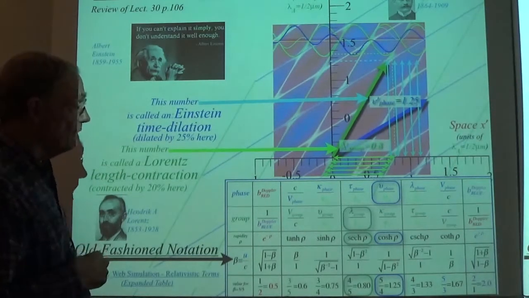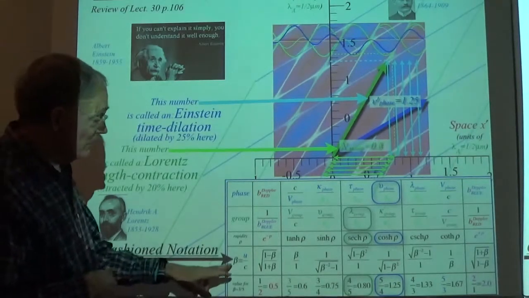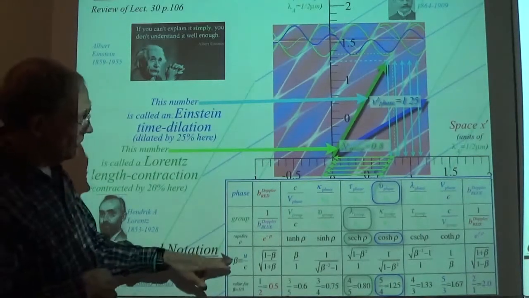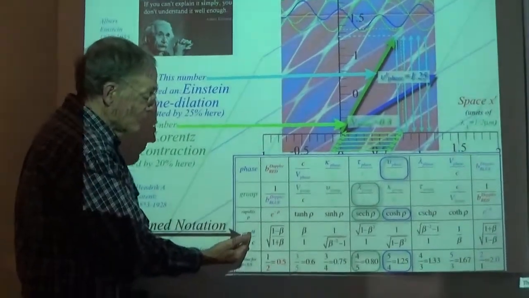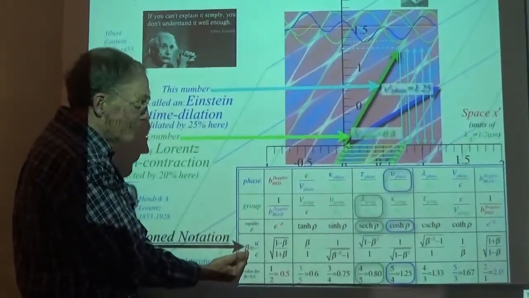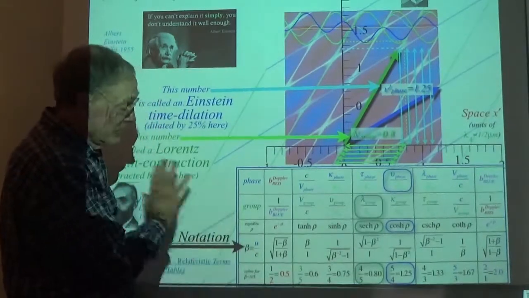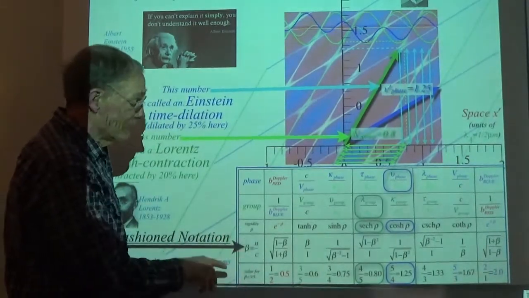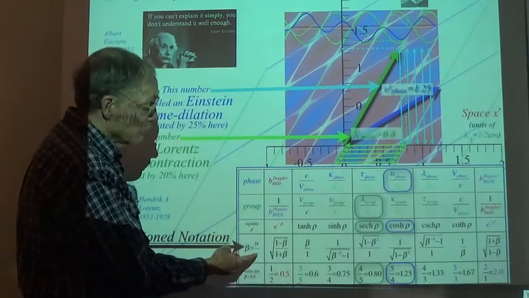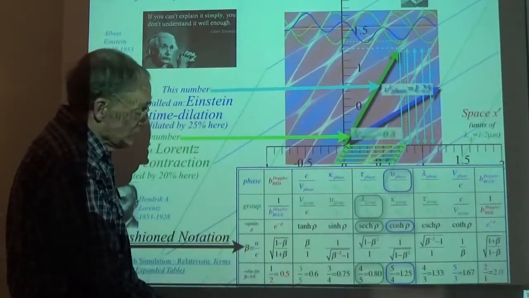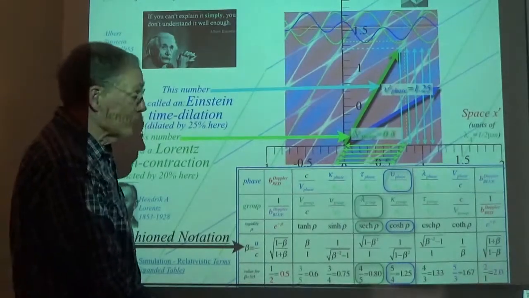Now it has an old-fashioned formula. This is the old-fashioned notation here, where you're using as your parameter what's normally labeled beta, and you'll see this in practically every textbook about relativity. And that's the ratio of the velocity of the observer, but that velocity is the group velocity.